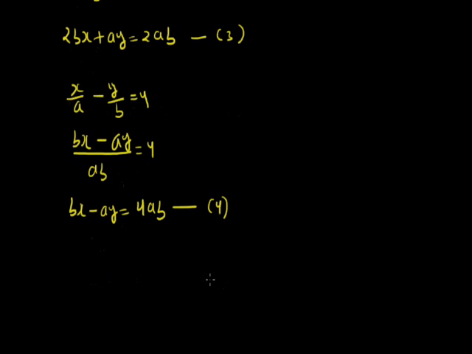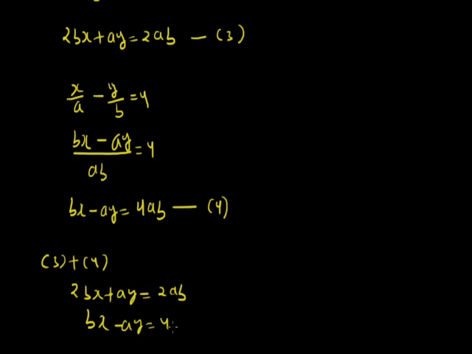Now what we are seeing is that in equation number 3 and 4, the coefficient of y is plus a and the coefficient of y is minus a. Both are the same but opposite in sign. So if we add these two equations, that is third and fourth, 2bx plus ay is equal to twice ab and bx minus ay is equal to 4ab.